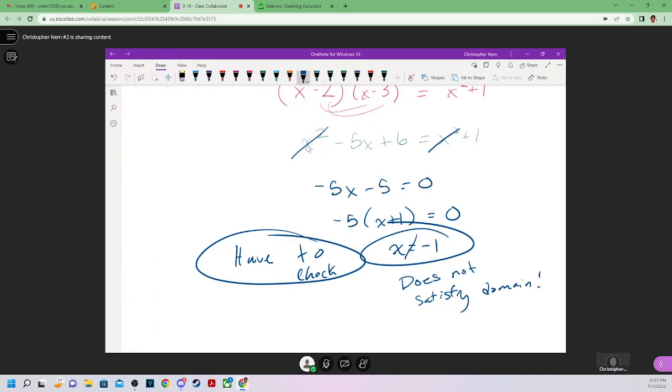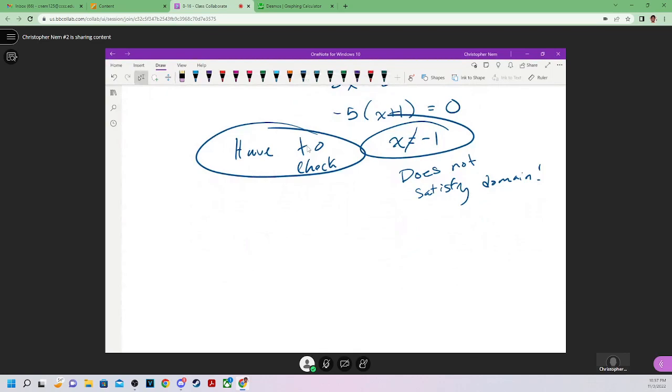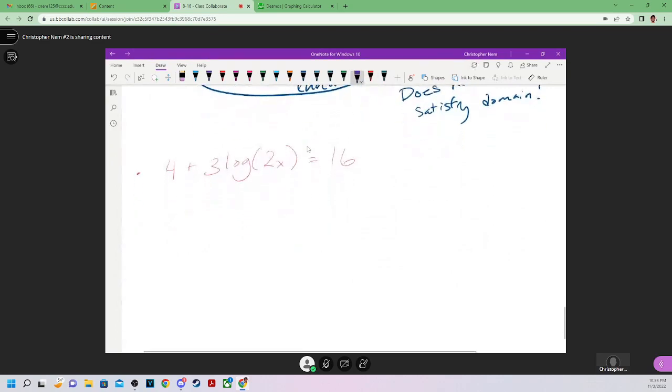Well, let's do another one just for more practice, since that one didn't work out nicely. Let's do the example 4 plus 3 log of 2x equals 16. Let's isolate the log first. I'm going to subtract 4 from both sides because there are 2 terms, and I need to get the log term by itself.